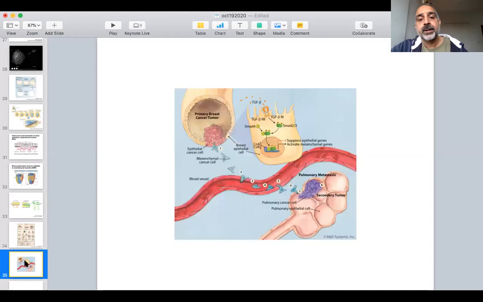And as you know, in cancer, EMT is one of the best ways to start thinking about epithelial tumors undergoing metastasis, and then with the reverse process, mesenchymal to epithelial transition, forming secondary tumors somewhere else. Okay, so this is one way of thinking about EMT.